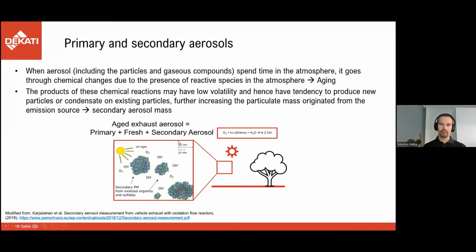The hydroxyl radicals are formed in the atmosphere in the reaction between ozone and water molecules when high energy photons are present. That's why the hydroxyl radicals are the most important reactive species during daytime. During nighttime, there's no hydroxyl radical production.